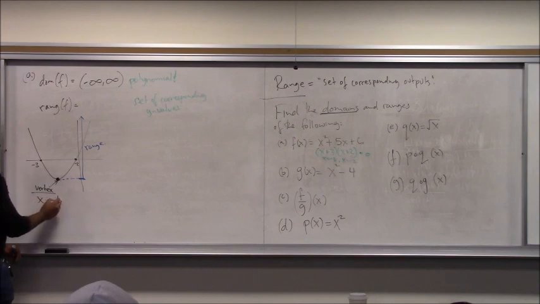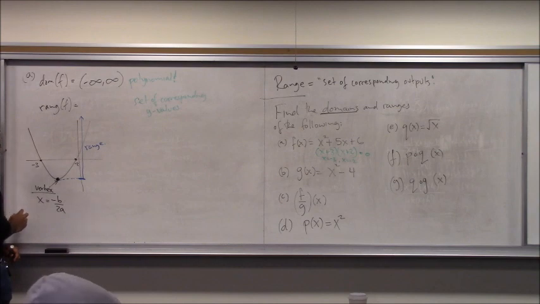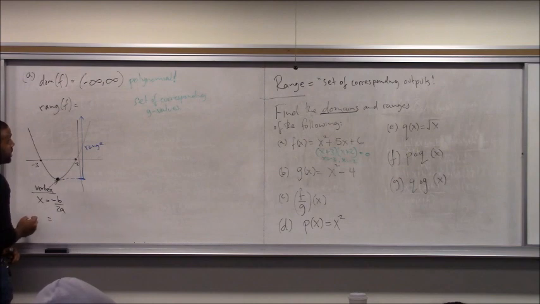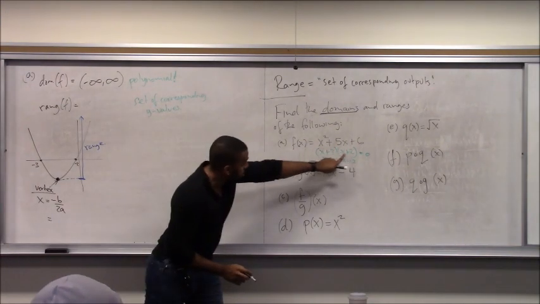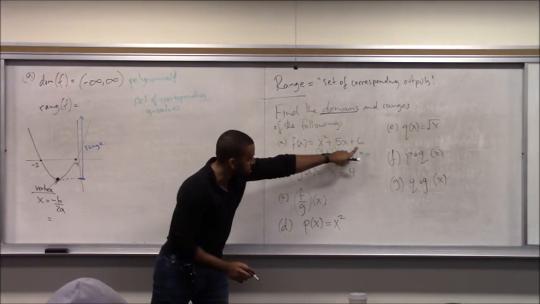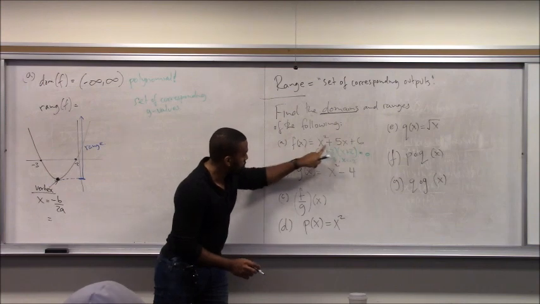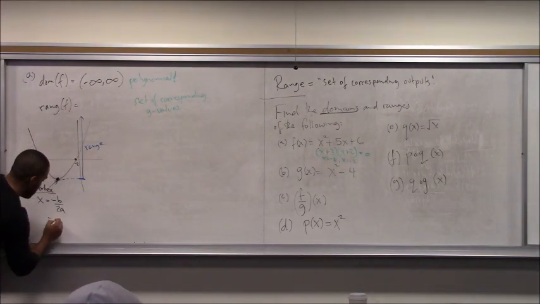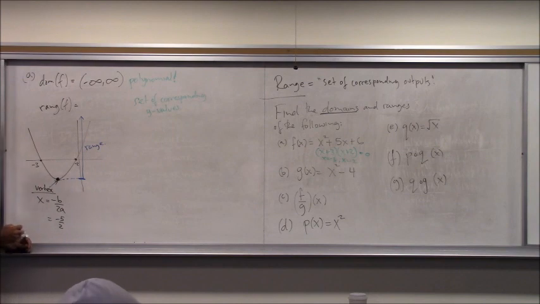X equals minus b over 2a. There you go. That's how you find the input for the vertex. So in this case, your a is 1, your b is 5, your c is 6. So this will be minus 5 over 2. Now that will be the x value for the vertex.